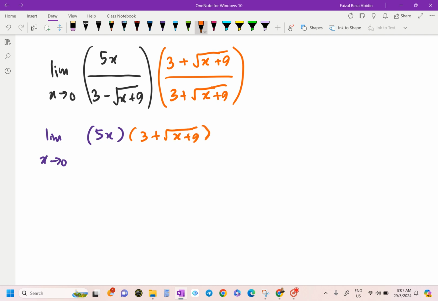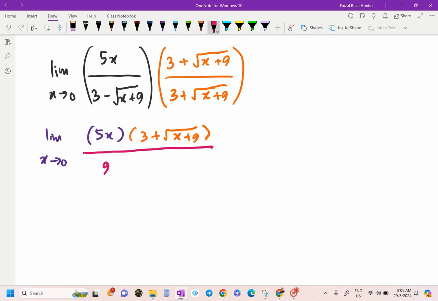Okay, over. So this one, if you can do on your own, 3 times 3, you're going to get 9 straight away, right? So 3 times with square root of x plus 9, you're going to get positive. Then if you are going to have the second one, you can simplify negative square root of x plus 9.